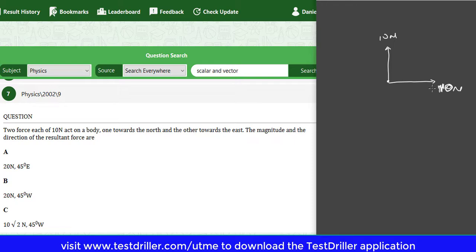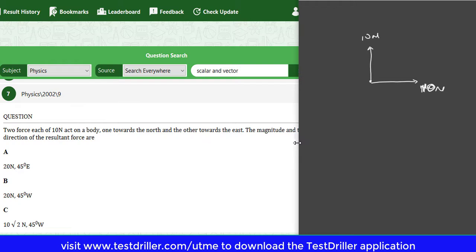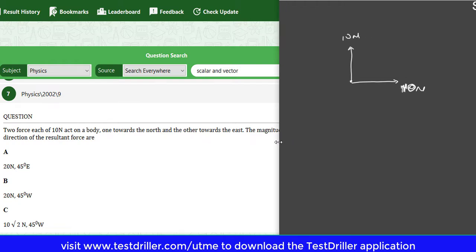Now the question is, the magnitude and direction of the resultant force are. So the question is asking, what's the resultant force? We need to get the magnitude and direction of the resultant force. So how do we go about that? We can use various approaches, but one strategy is the triangle method, or the parallelogram law of vector, whatever method you wish.